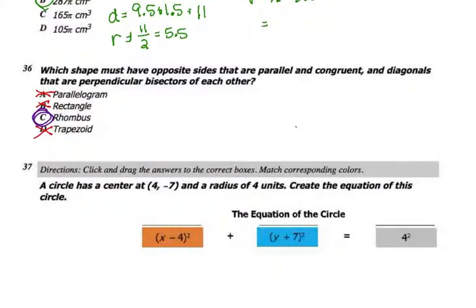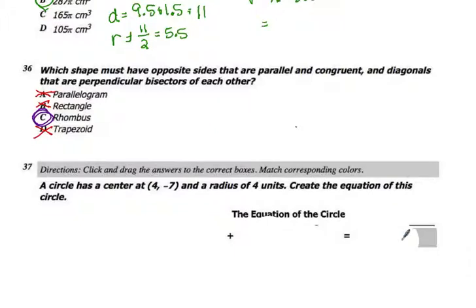All right, this is a drop and drag question. I think you guys really did pick up this concept really well. A circle has a center of 4, -7 and a radius of 4. Create the equation of this circle. So when we put it in parentheses with x, we switch the sign.